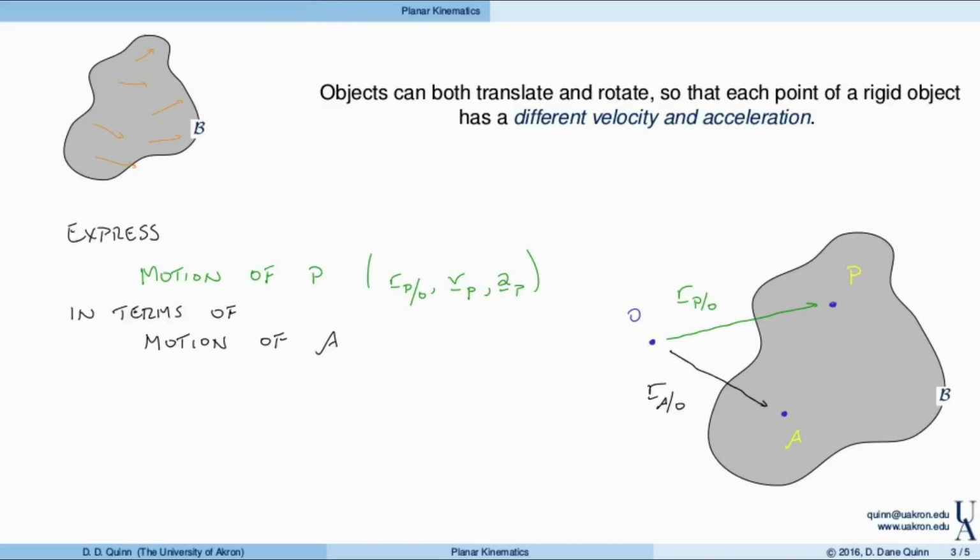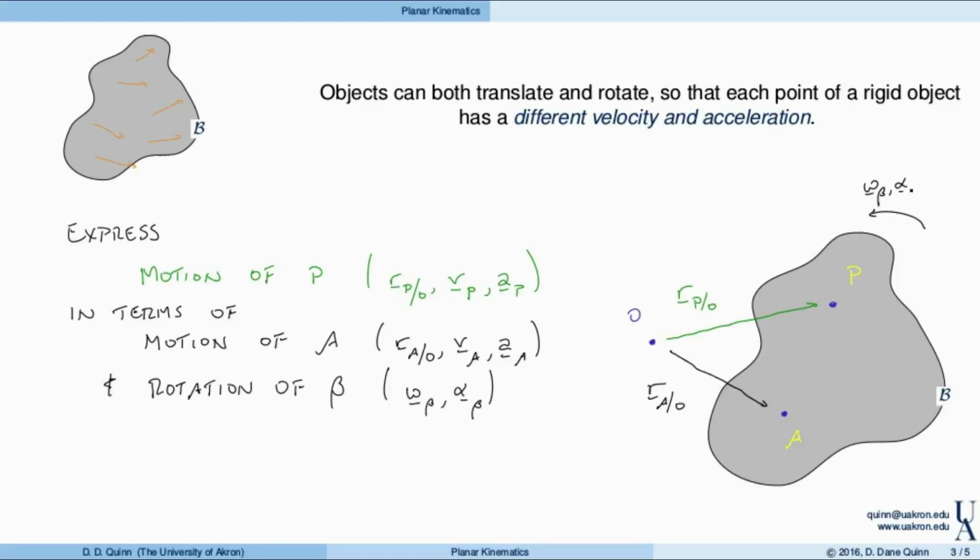Again, we have the motion of A, so that's going to be r of A with respect to O, and in particular the velocity of A and the acceleration of A, and the rotation of the object. That's really going to be the angular velocity and angular acceleration of this object. Maybe it spins with some angular velocity and acceleration.